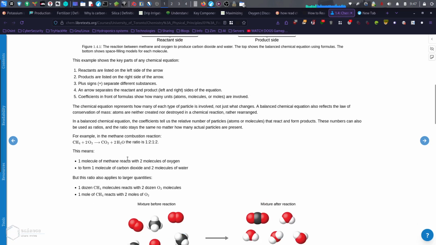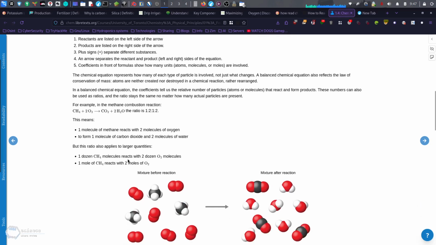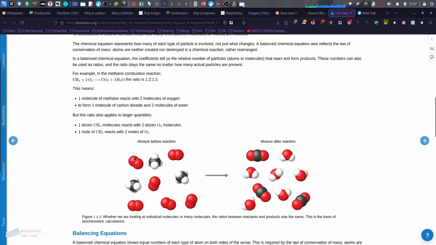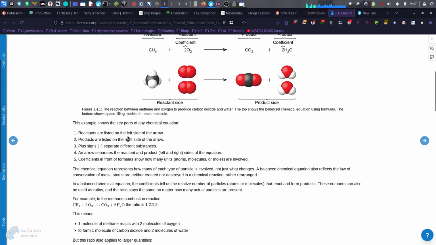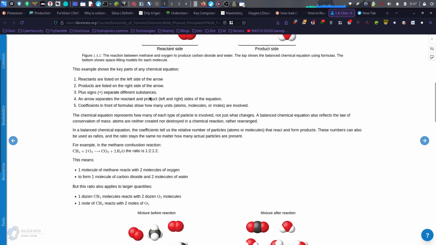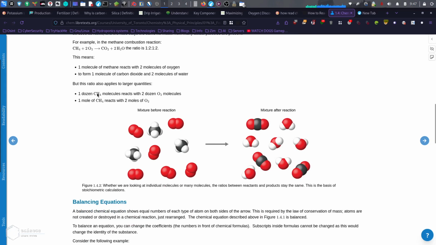But this ratio also applies to larger quantities. Mixture before reaction, mixture after reaction. 1 dozen methane molecules reacts with 2 dozen oxygen molecules.